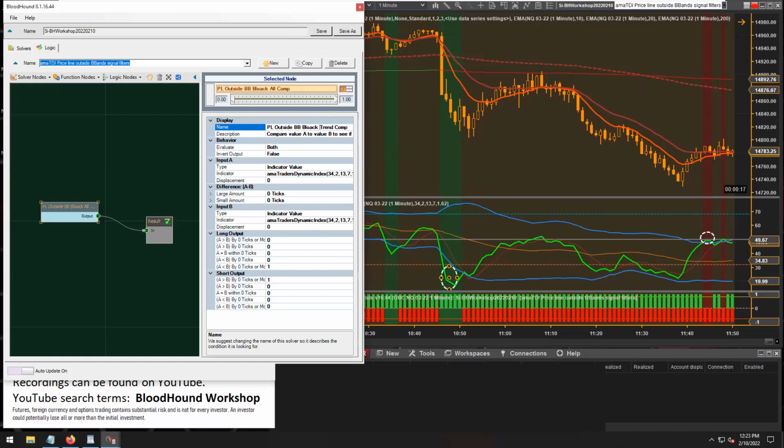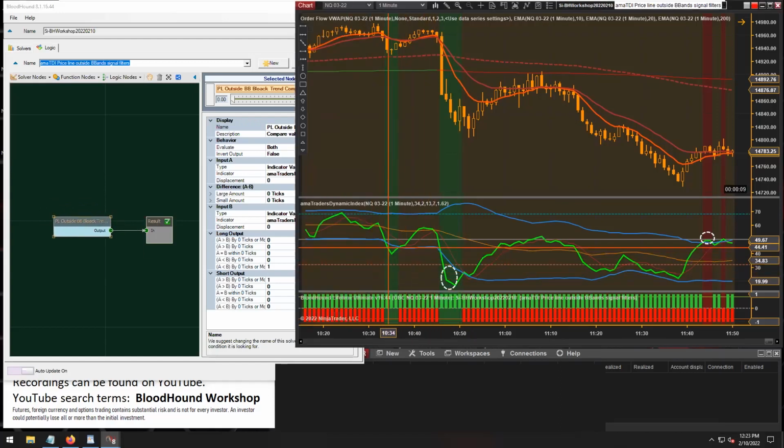So I actually built these. I built the blocking the trend signals first. Right. So there we go. Whenever the price line is below the lower band, then no shorts, but you're allowed to take a long. We can see here with the racing stripes, when we see the green, that means no short signals would be allowed.